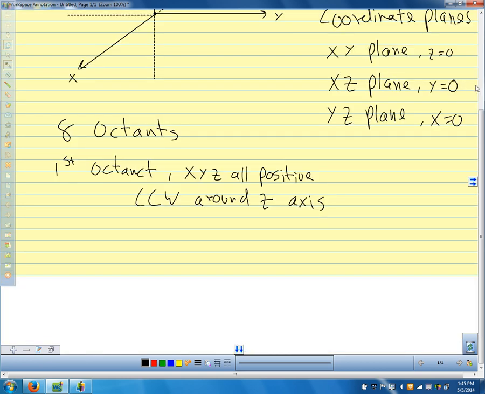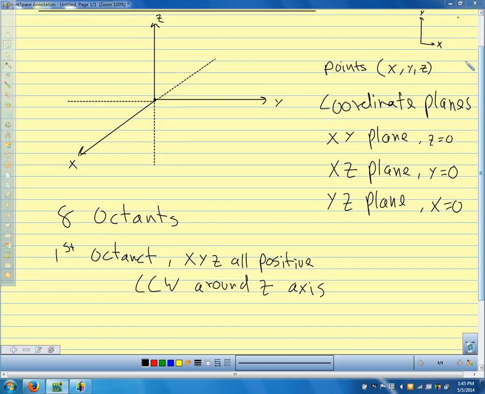And then the fifth octant is below the first octant. And then again for octants 5 through 8, we go counterclockwise around the z-axis.